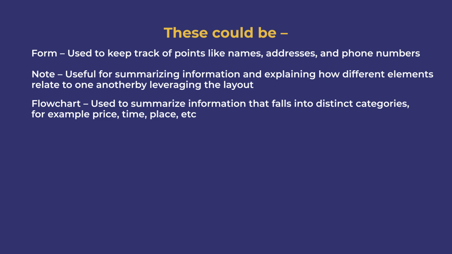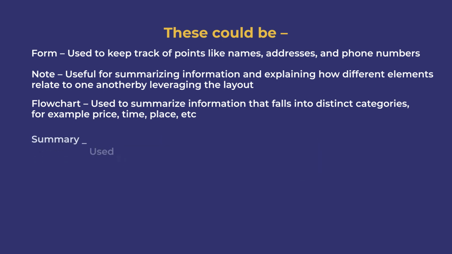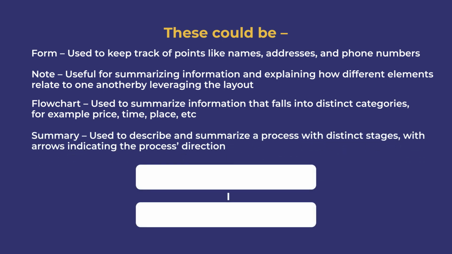Table, used to summarize information that falls into distinct categories, for example price, time, place, etc. Flowchart and summary are used to describe and summarize a process with distinct stages, with arrows indicating the process direction. In either case, you'll choose the missing words. Answers must be taken from the recording: you must use the exact words you hear and conform to the word count specified in the instructions.